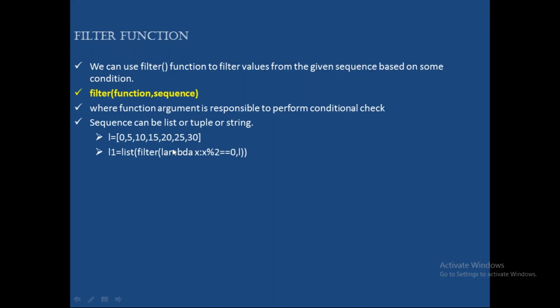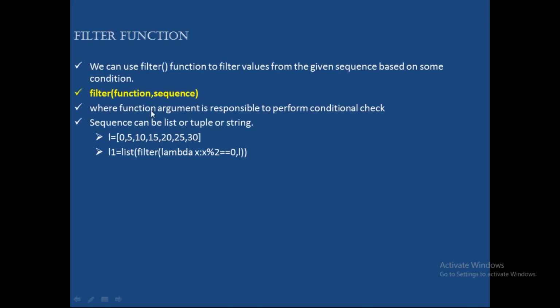Understood? When it returns false, that value 5 will not be returned to your output. Inside, filter takes the function as an argument and the sequence, that is, the list of values, as input. Then one by one it sends each value to the function.